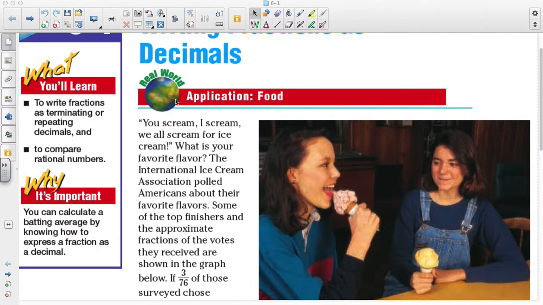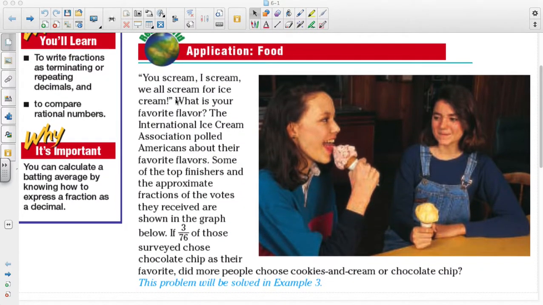So, let's take a look at this example in food. You scream ice cream. We all scream for ice cream. What is your favorite flavor? The International Ice Cream Association polled Americans about their favorite flavors. Some of the top finishers and the approximate fractions of the votes they received are shown in the graph below.